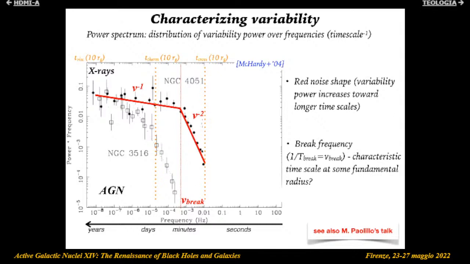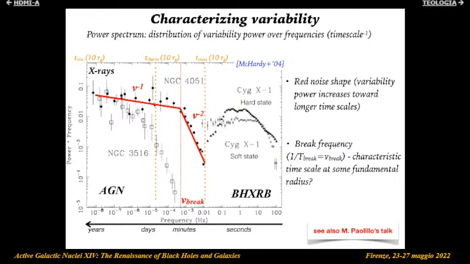Now, since it's not very easy to study variability in AGN because we cannot cover all the possible timescales, one thing that we used to do is to draw analogies with black hole binaries. Because black hole binaries vary faster, we can see transitions over human timescales.